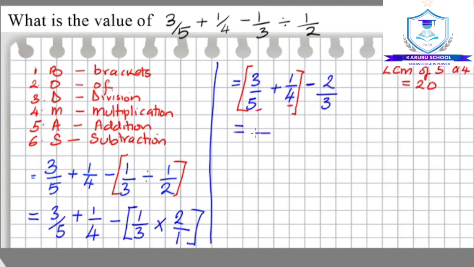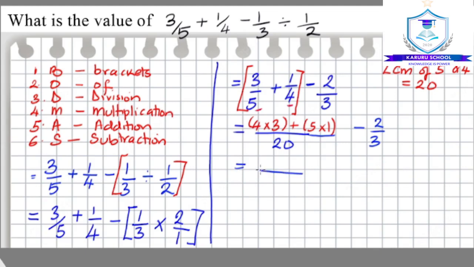So in our case here, we will have 20 as our denominator, then 20 divided by 5 gives us 4, so we have 4, then multiply that by 3, and then plus we have 20 divided by 4 multiplied by 1, so this will give us 20 divided by 4 is 5 multiplied by 1, then we subtract 2 over 3.